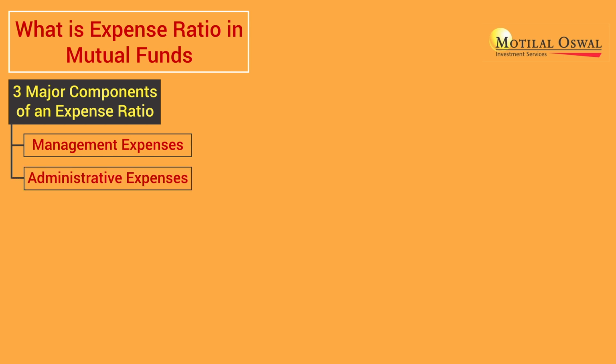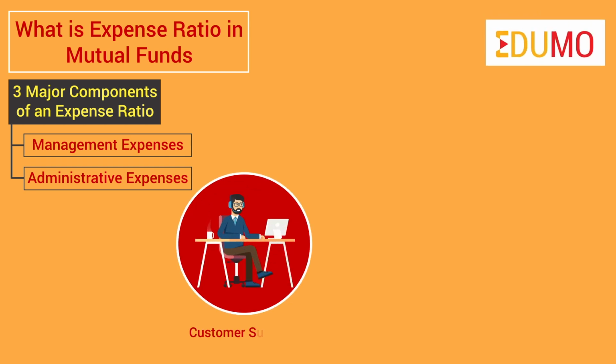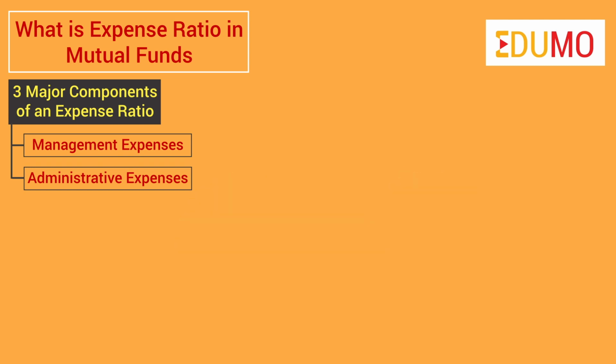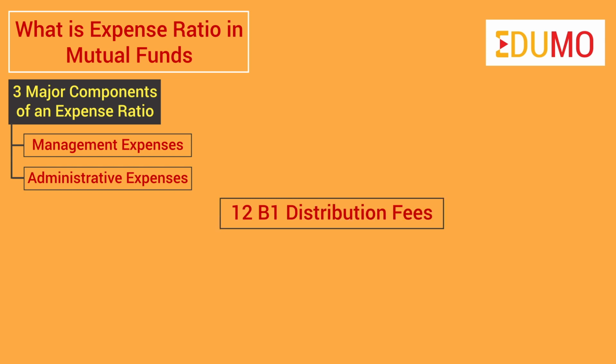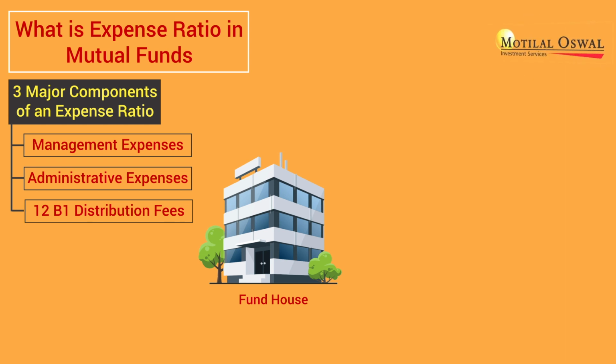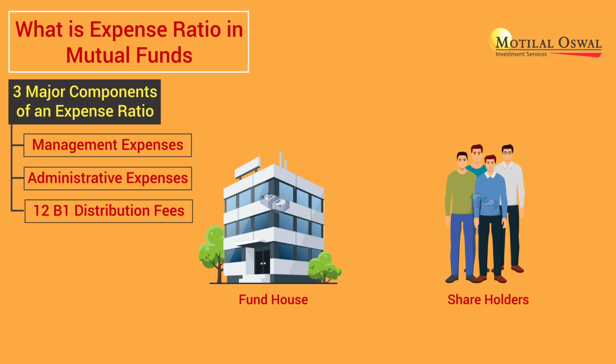These include the basic expenses which assist the day-to-day operations like customer support, communications, etc. Lastly, we will talk about the 12B1 distribution fees. Asset management companies collect these fees from their shareholders to promote their funds to potential investors.